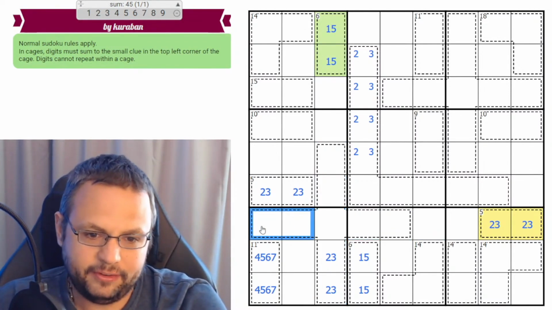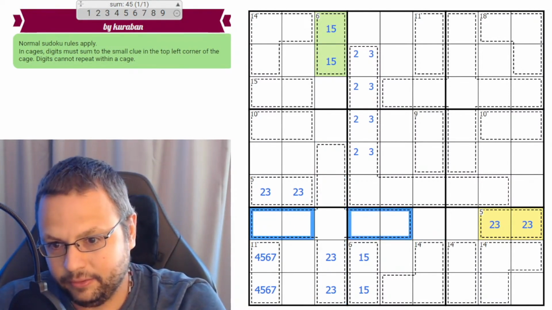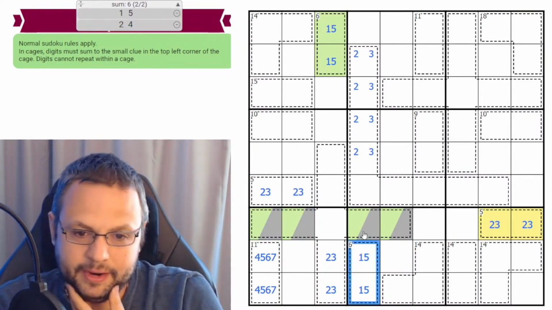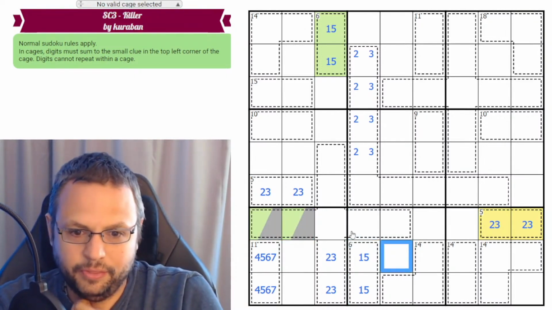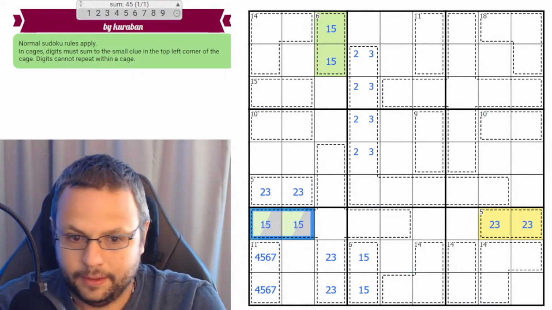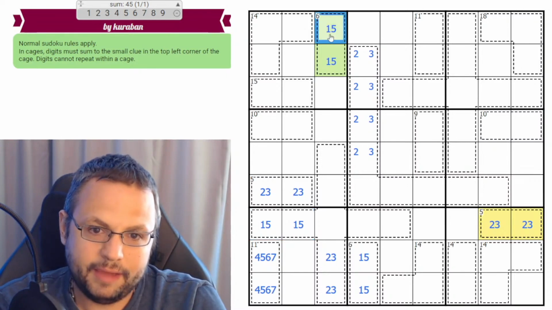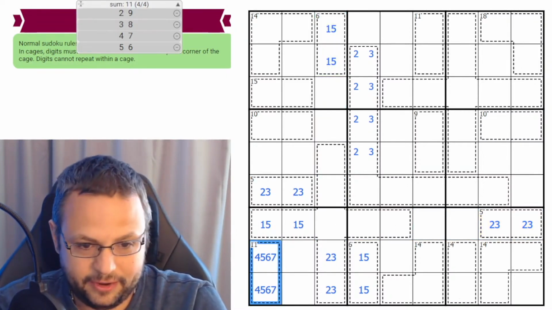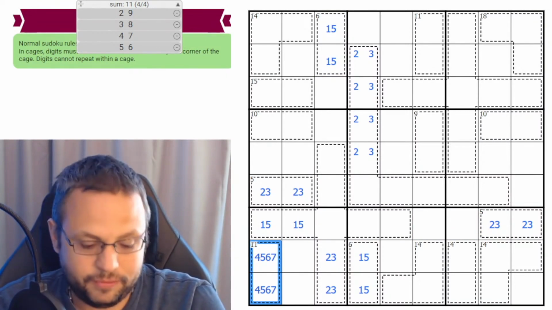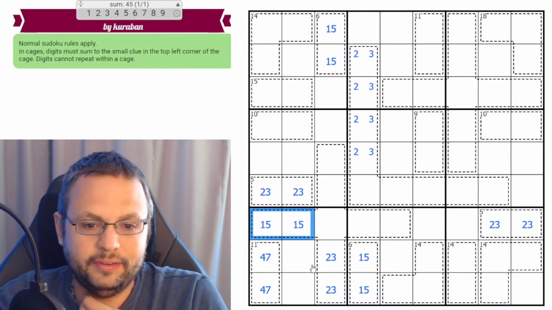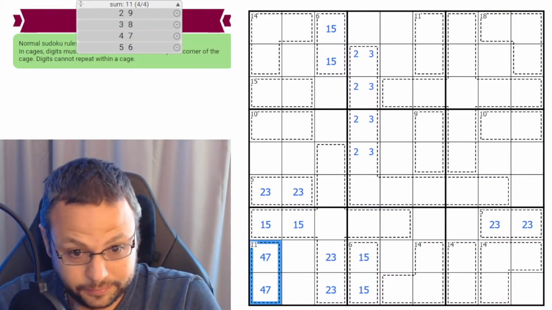Well, 1-5 in this cage needs to go in one of these cells. Okay, this is beautiful. But there's a 1-5 pair over here. So the 1-5 actually have to go here. And once the 1-5 have gone there, then I definitely know what this 11 cage is. Now it has to be 4-7 because it can't have a 5 in it. So this is in fact 4-7.